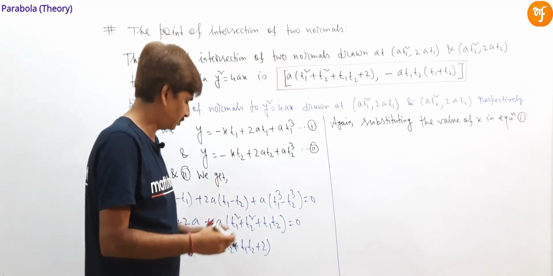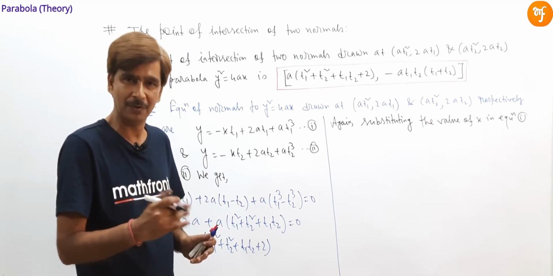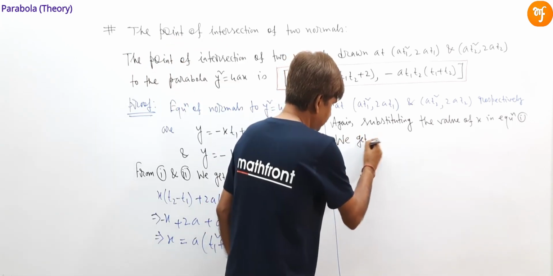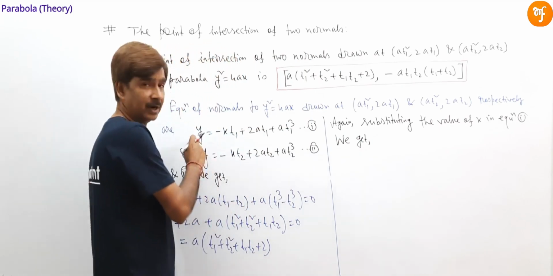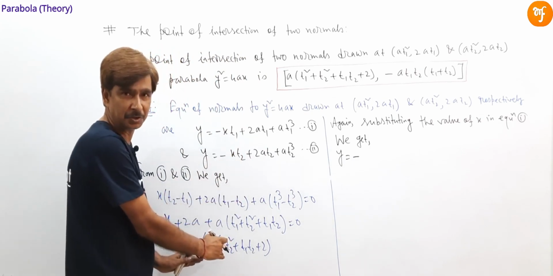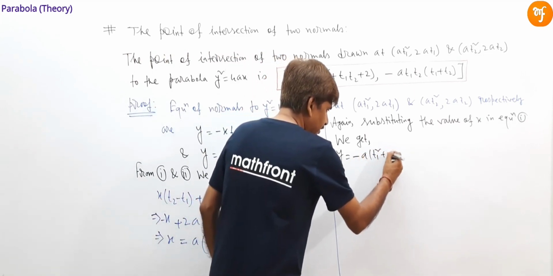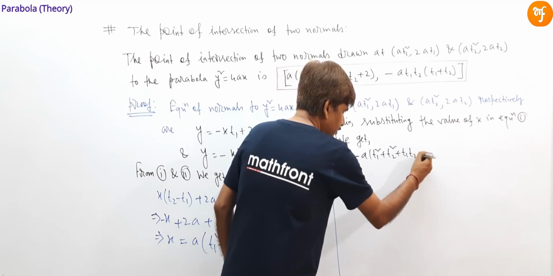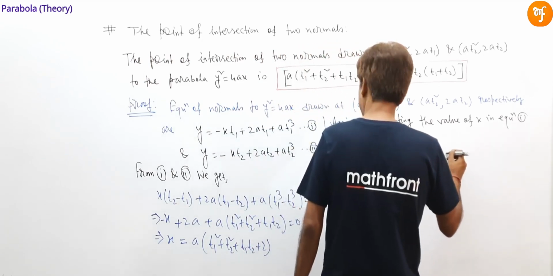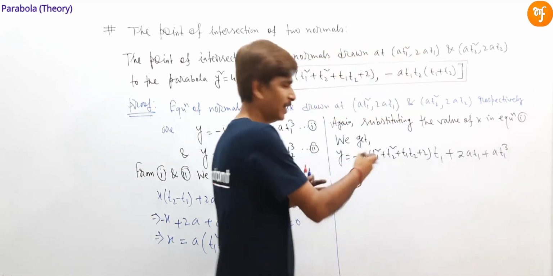In equation 1, we substitute x as a(t1² + t2² + t1t2 + 2). What we get is y = -a(t1² + t2² + t1t2 + 2)t1 + 2at1 + at1³. So we get the value of y here.